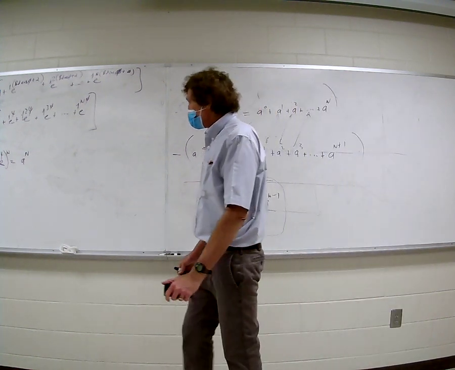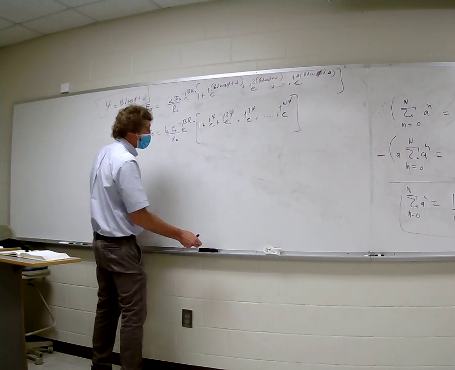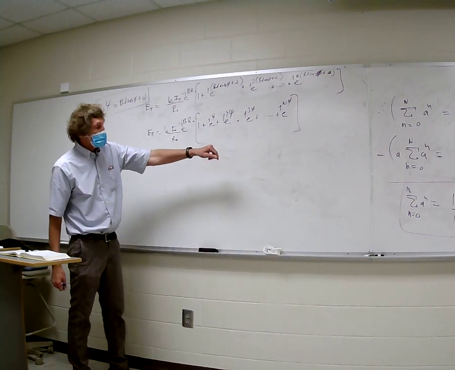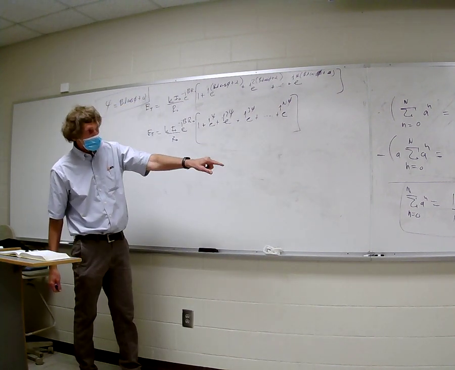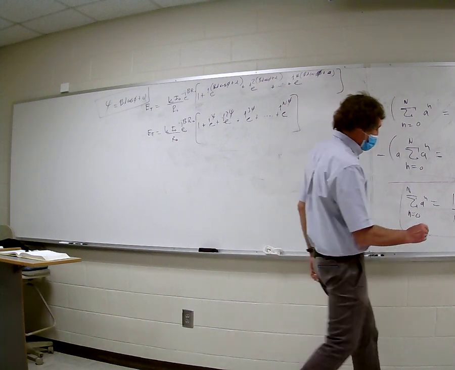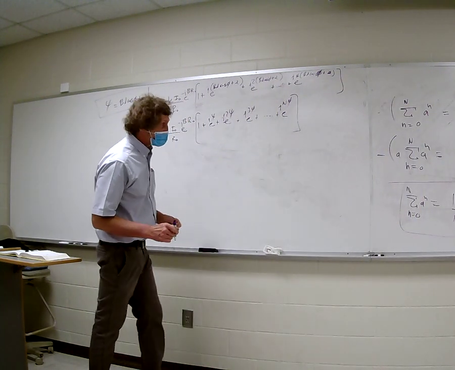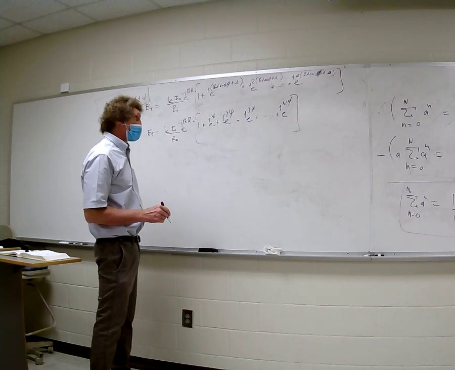Now, why am I doing that? Because now, I'll cut to the chase here. I'm almost out of time. Now, that whole series right there can be reduced to 1 minus a to the n plus 1, sorry, it should be a plus 1. So 1 minus e to the j(n+1)psi over 1 minus e to the j psi.